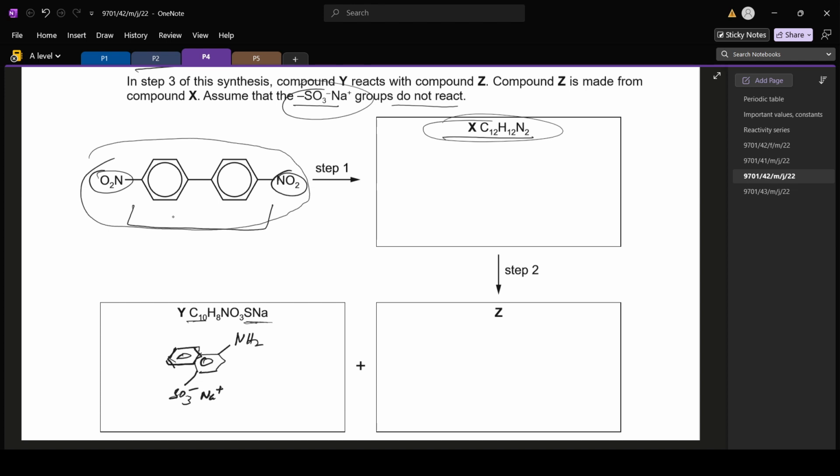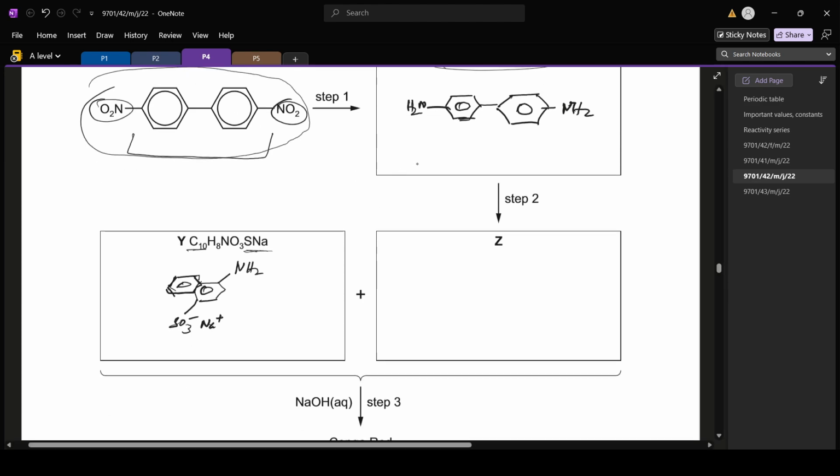So firstly we will make this nitro group into phenylamine by reduction, and then this phenylamine will be changed into diazonium. So the structure of X is going to be like this. This is how you reduce this nitro group into a phenylamine.